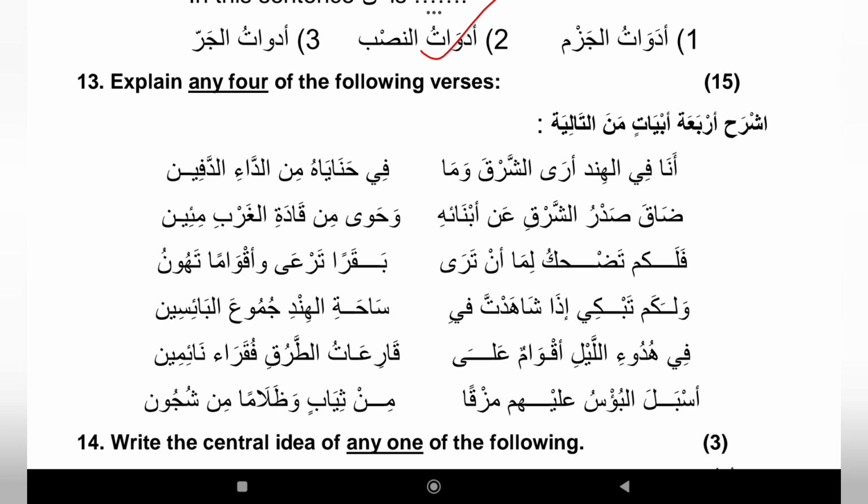There is no other way, because we can't make it up ourselves sitting in the exam hall. We should study it before, then only can we write it. So study the explanation of all the lessons. Only 4 lessons will come, but we should learn everything because we can't predict which one is going to come for the exam.